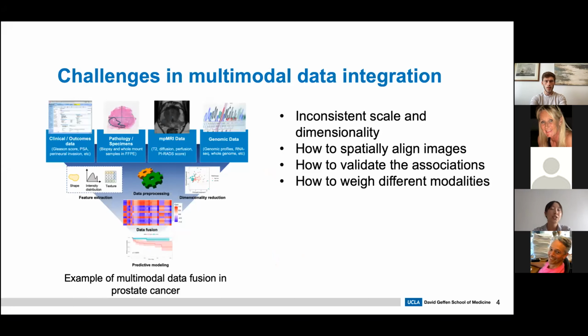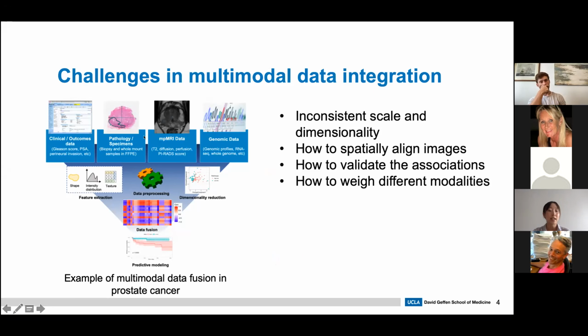However, in order to computationally model those multimodal data, we have to overcome some challenges. So in this picture, I'm showing you the idea of multimodal data fusion in prostate cancer. As you can already see, these different types of data have very different dimensionality, scale, and format. So then how do we overcome them?